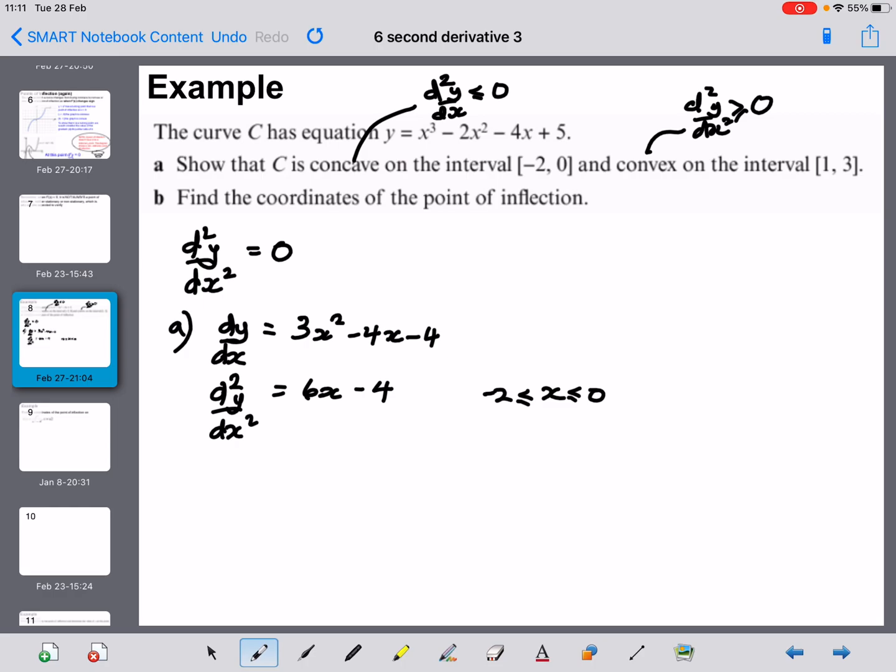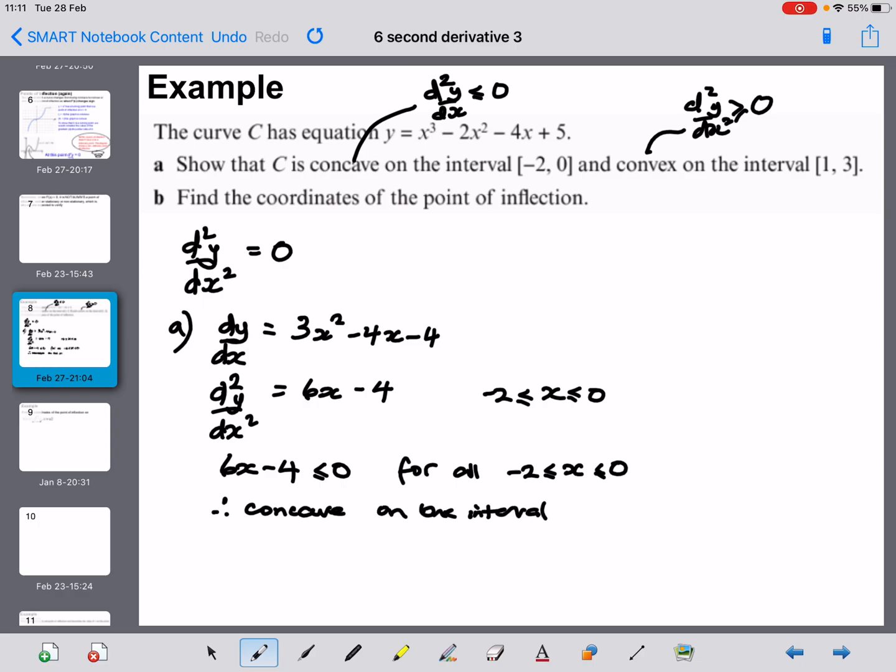So I'm going to write that 6x minus 4 is less than or equal to 0 for all values where x is greater than or equal to minus 2, but less than or equal to 0. Therefore, it is concave on the interval negative 2, 0.